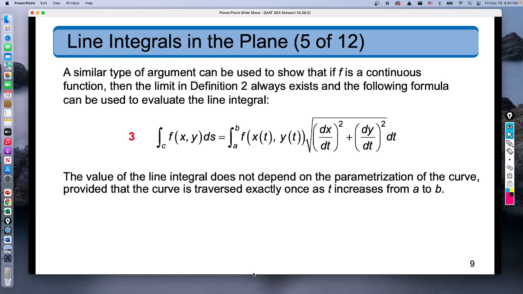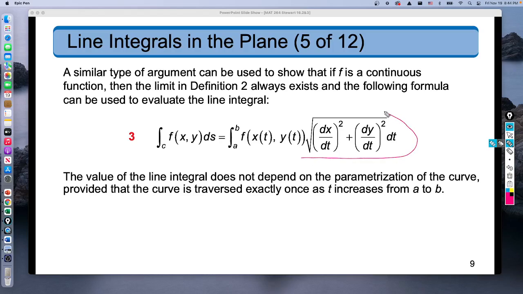So this other one we're going to look at is basically, as long as we have some parameterized function, x of t, y of t, we multiply that times this length of the curve. Remember the square root part?